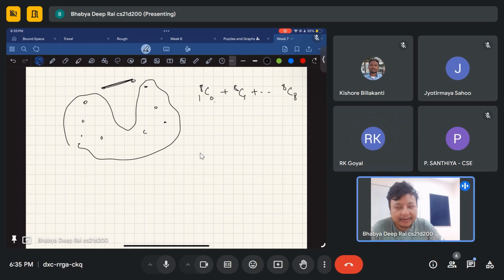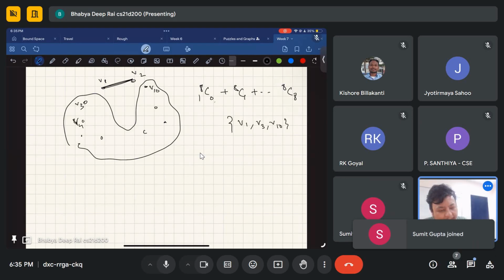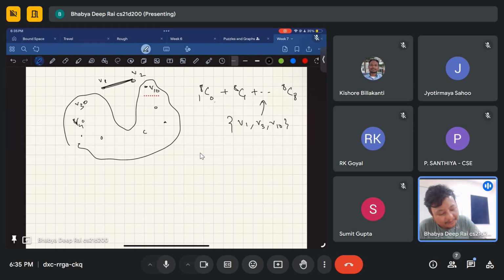That is okay, but let's say V1 and V2 have an edge between them, and V3, V4, and so on till V10. If I say a set is V1, V3, V10, since there are 3 elements here, the count will be part of 8C3.